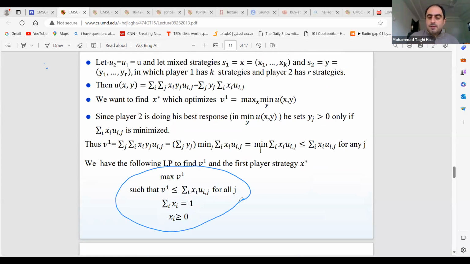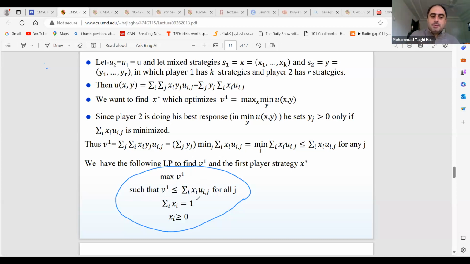And of course, if you know the value, then you know who has obtained it, so you can also find the strategy profiles. So you write essentially the one that maximizes this. And of course, if you solve the LP, you know what would be the strategy xi. So this would be the one that is essentially the maximin for x.